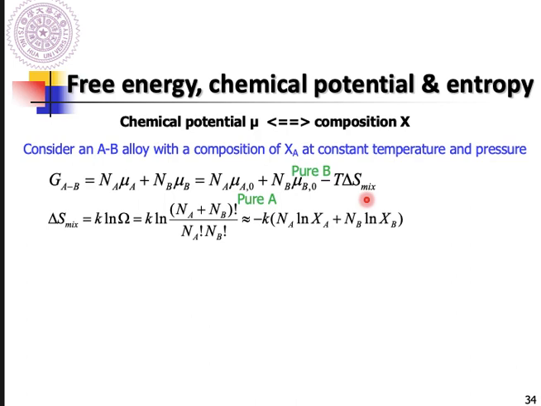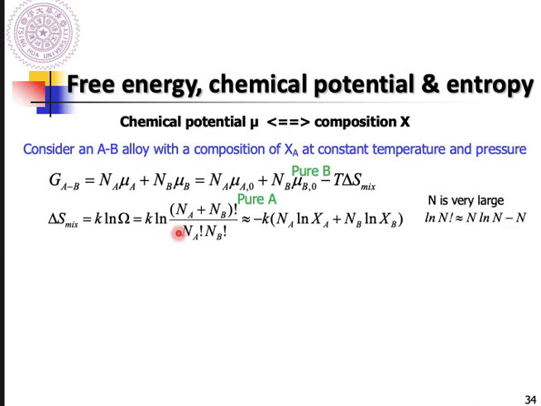Based on statistical thermodynamics, the mixing entropy equals the Boltzmann constant K times log omega. Omega here is the number of possible states of the system, the combinations between A and B. So we rewrite it as K times log of NA plus NB factorial divided by NA factorial and NB factorial.